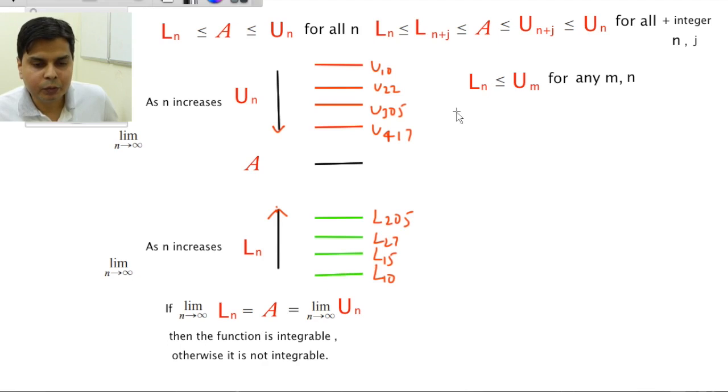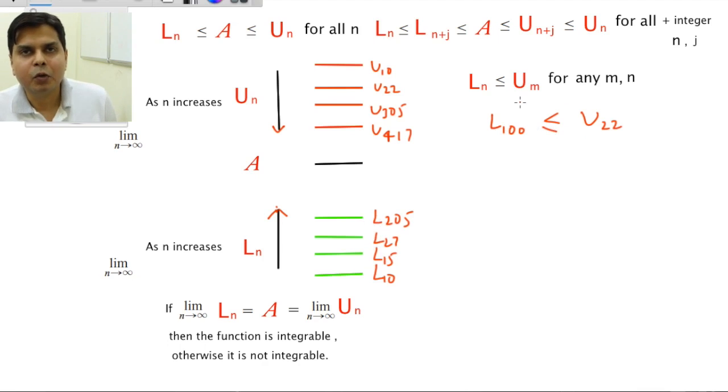Another point I would like to stress here is that Ln will be less than or equal to Um for any m or n. Suppose I take L100 and U22. This L100 has to be less than U22. Although L100 would have increased a lot, think of the upper sums as elephants. No matter how big a dog becomes, that dog cannot overtake an elephant.